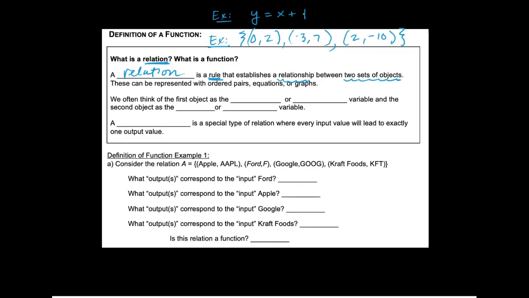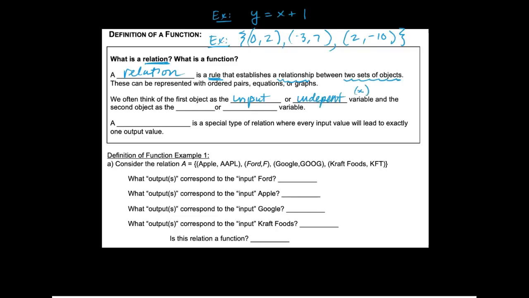And then we can also graph those. We can graph an equation. We can graph a list of ordered pairs. And so that's also another representation of a relation. And so we often think of that first object. So I mentioned with the equation, whatever x is, we add 1 to it, and then that gives us y. Well, the x in that case is what we call the input or the independent variable.